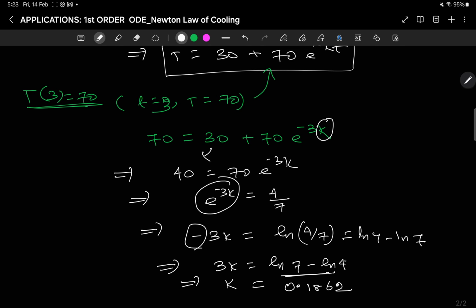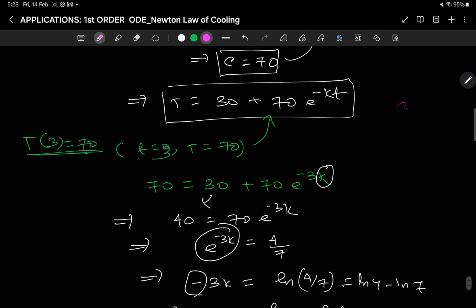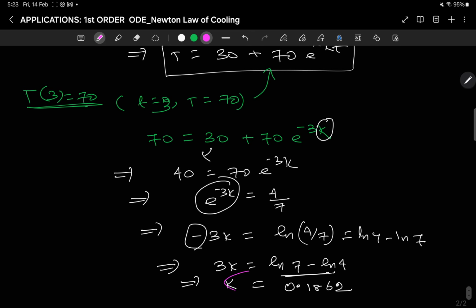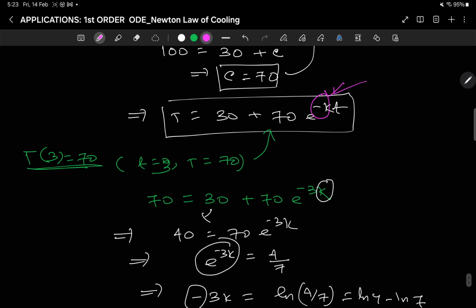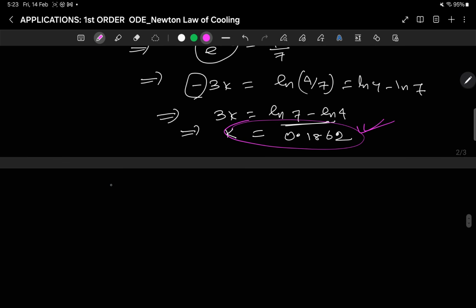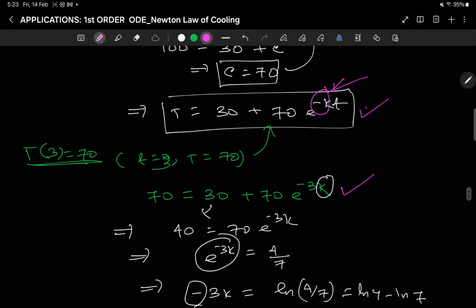Right, now you substitute this value of k here. So therefore capital T is 70 e to the power minus 0.1862 t plus 30. We simply substitute it here.